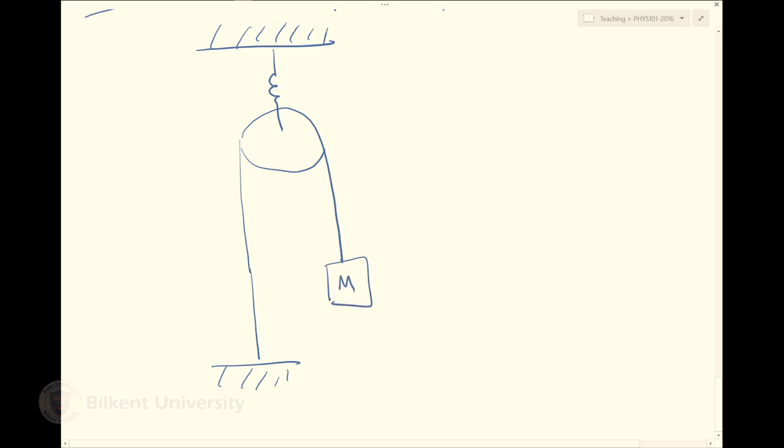Now, if I'm in equilibrium, what are the forces on M? The forces on M are mg and the tension in that string.